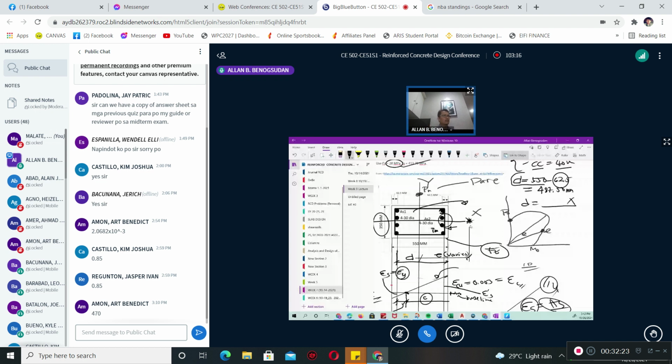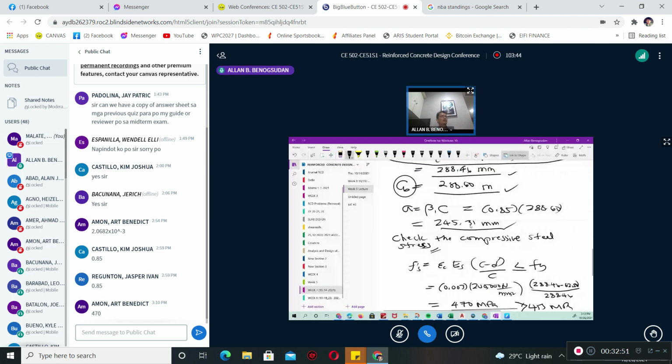Yung mga ginagawa natin dito, isipin mo, nasaan siya na-apply, sa design natin, itong reinforced concrete. Isipin mo rin, ano ba yung kahalagahan nun? Kung nag-yield siya, papalitan mo to. Yung 472, ang laki, di ba?